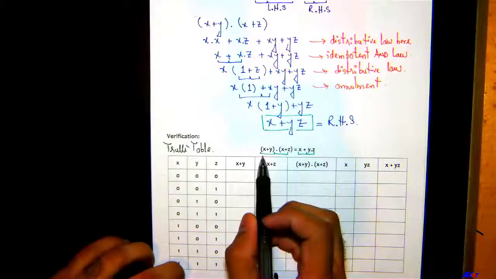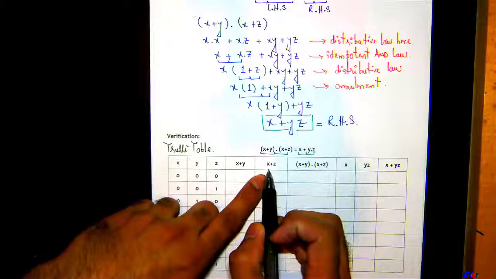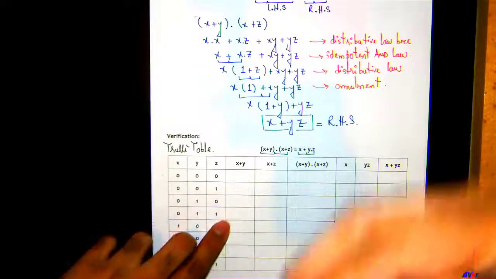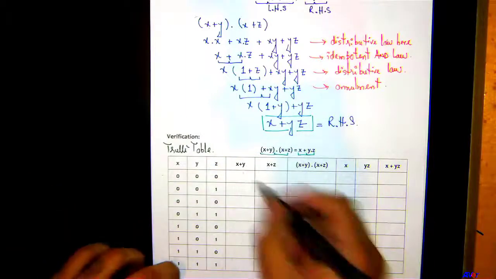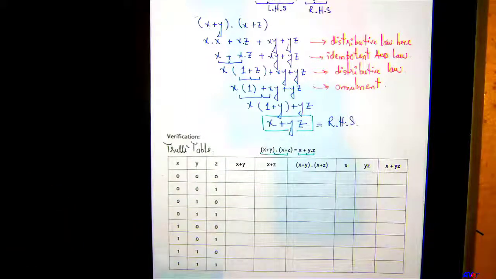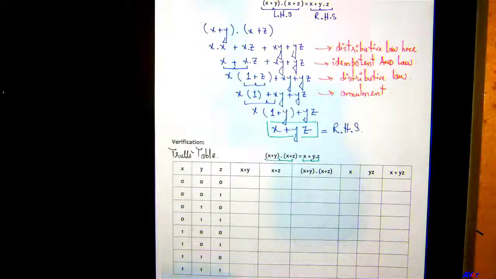If you look at the left hand side, I've split it into two parts, x plus y and x plus z. We are going to perform OR logic on those two, and then once we have these two columns ready, we can apply AND logic onto it. So moving on to x plus y. If any of the inputs is high, the output is high.